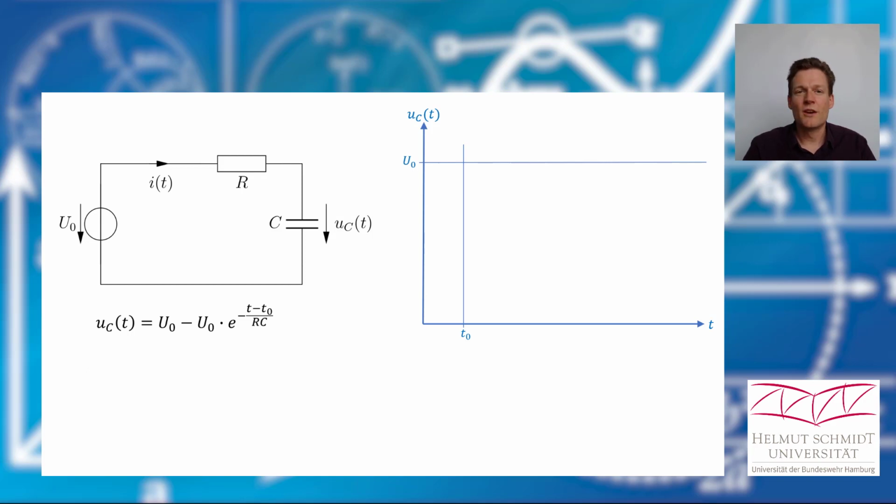And therefore we know in the beginning the voltage will be 0, and we know if we just wait long enough the voltage will reach the level U0. And now between these two straight lines we have an exponential function. And yeah, now the question is how we could draw it.